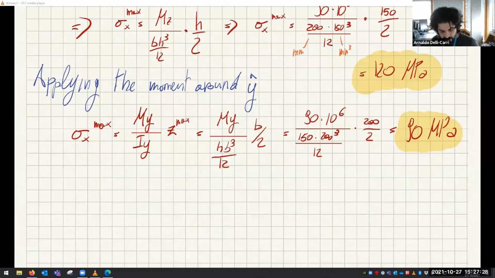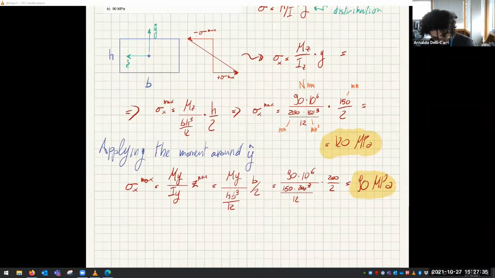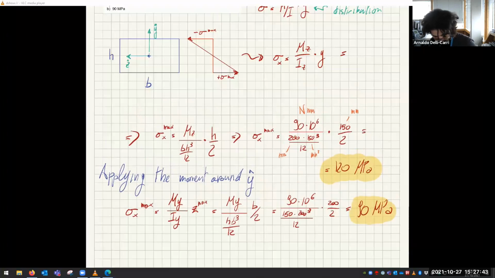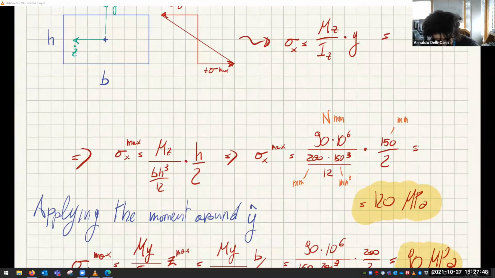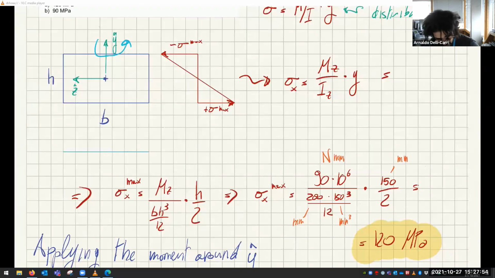And so if I redraw this and have a look at the distribution, now the distribution that I'm looking at is this one. Let me take this one down a notch. So my new distribution is this. With the moment around y, I have arrows going out of here and in here.